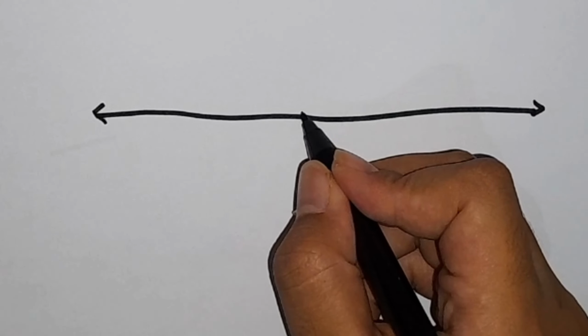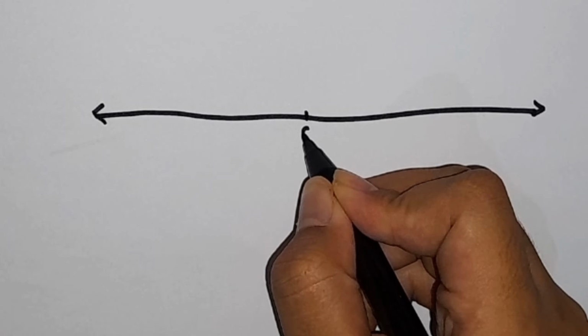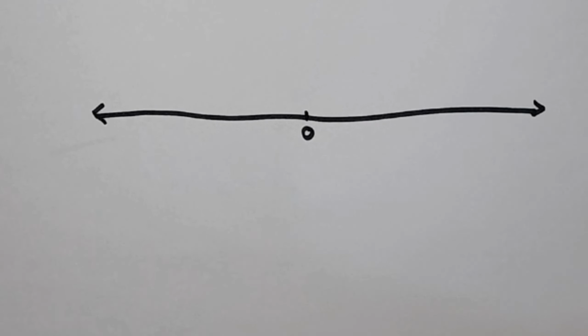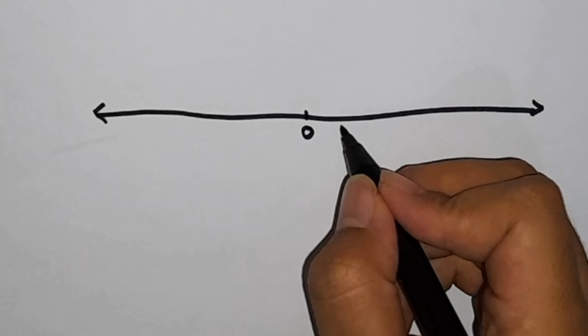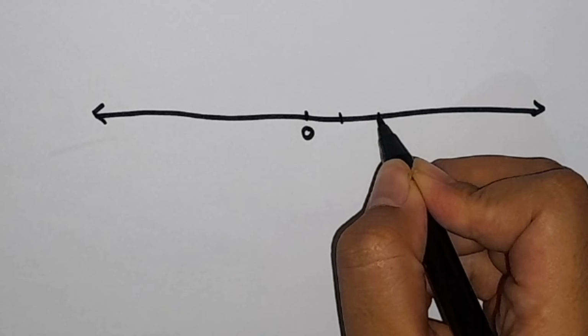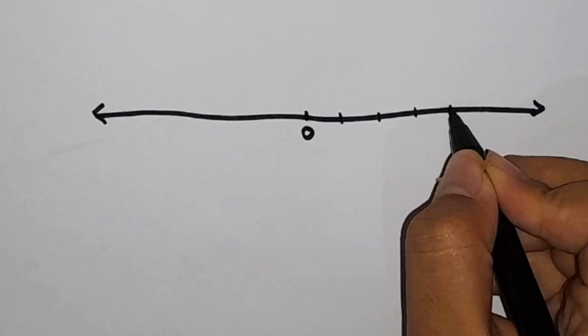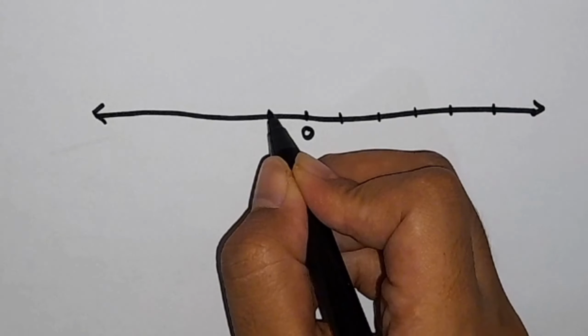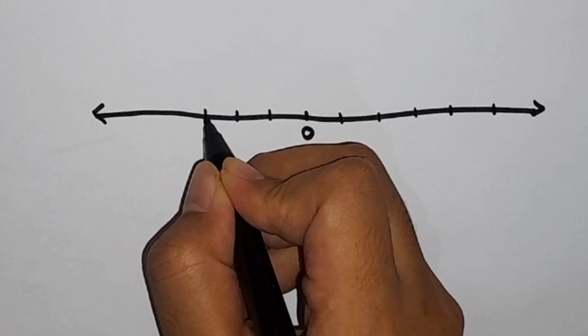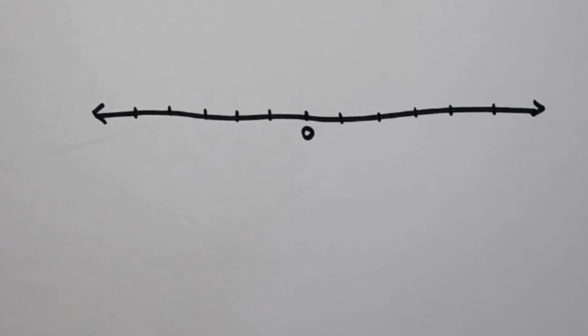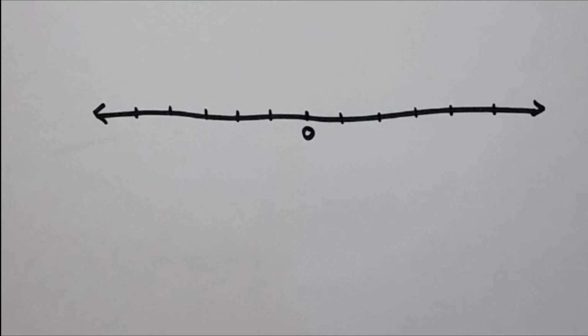Next, number 2, you want to set the focus point as 0. Very simple. Number 3, now once you draw the number line with 0 as a place marker, you can now draw tick marks on either side. And the last, put numbers on the tick marks.